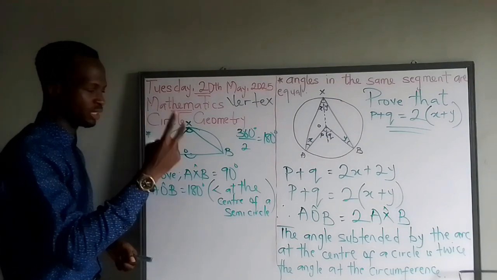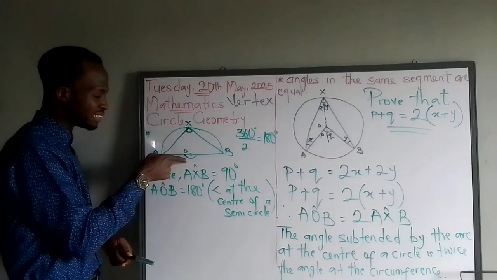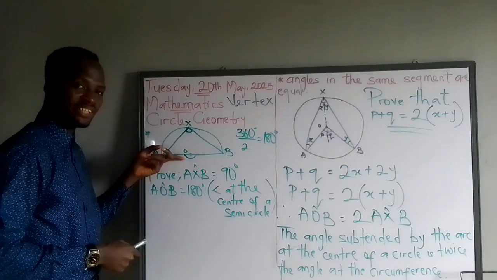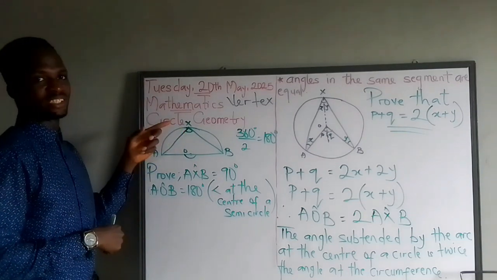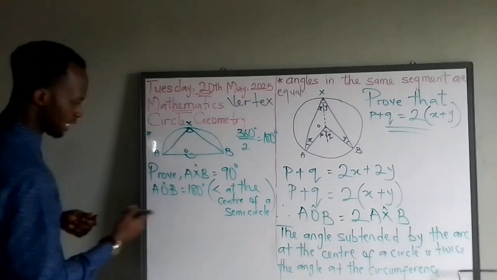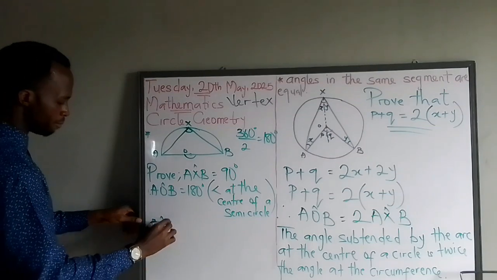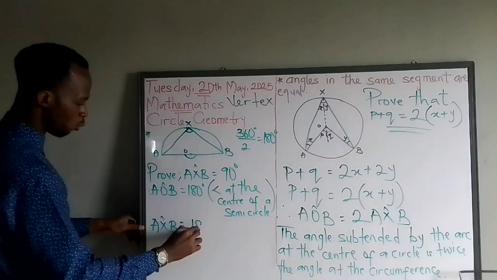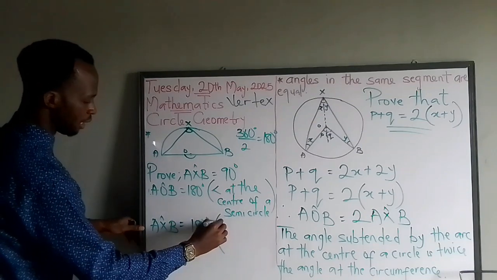What that means is that the first theorem, that the angle at the center is twice the angle at the circumference, applies. So if this is 180 degrees and it is twice the angle here, that means this is 90 degrees. So we'll say that AXB, which is the angle at the circumference, is equal to 180 degrees divided by 2. And what's the reason?